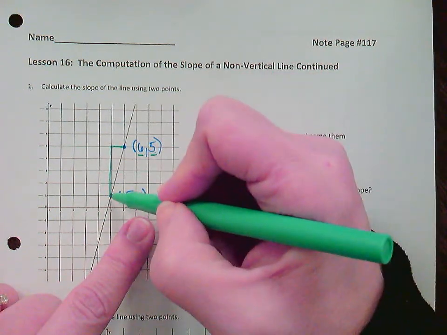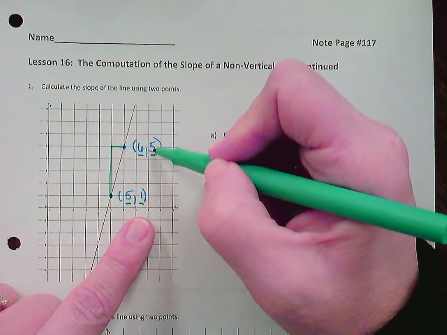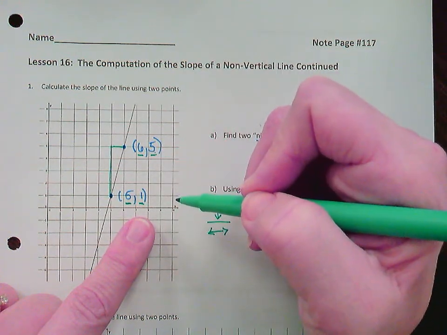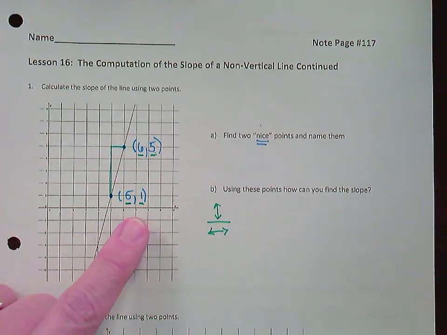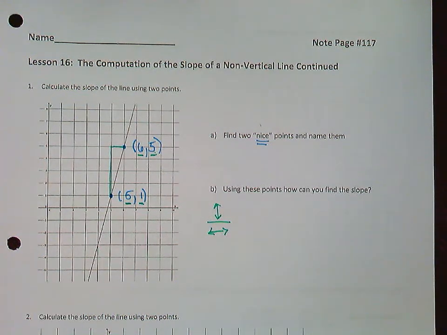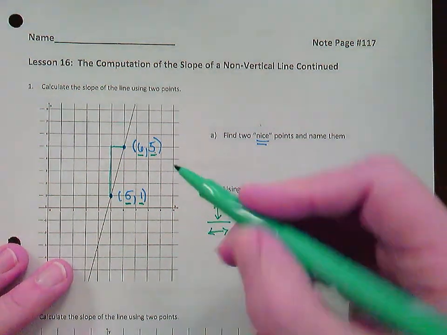My y value here is 1 and my y value here is 5. To find the difference of those two things, what would you do? Well, if I asked you the difference in our heights and I told you I was 5'8" and that you were 5'6", how would you find the difference in our heights? You would subtract them. So we're going to do the same thing here. We're going to subtract the y values.